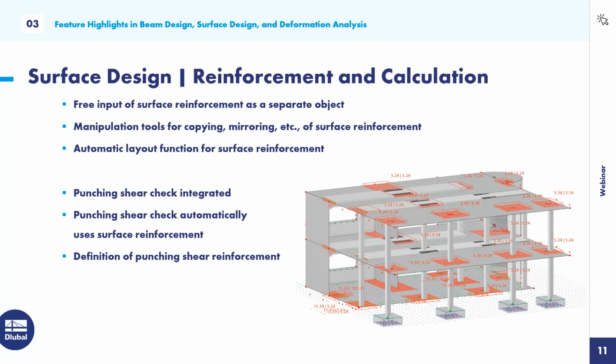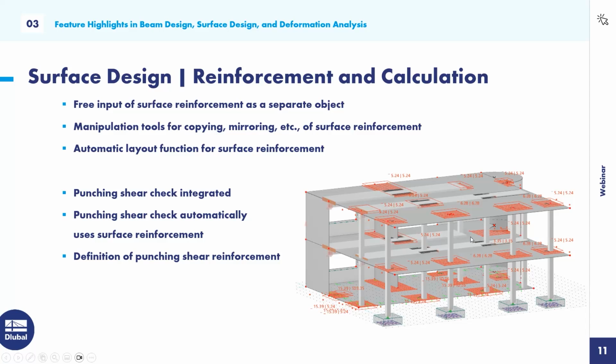Good, then I will go to the highlight for the surface design. The surface design now has the possibility to define the reinforcement in our main table in the main window, like it was also for members.